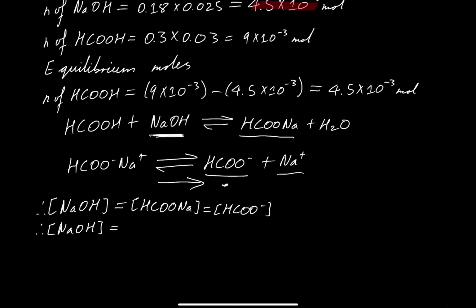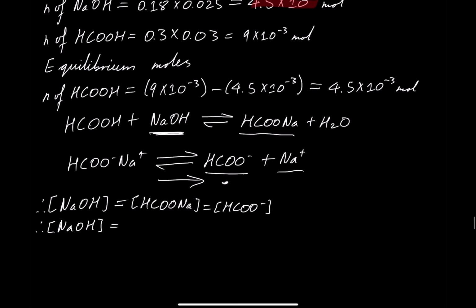Therefore, because the sodium hydroxide concentration is the same as the concentration of sodium methanoate, and that is the same as the concentration of our methanoate ion, we can make the assumption that the concentration of sodium hydroxide is the same as the concentration of our methanoate ion.